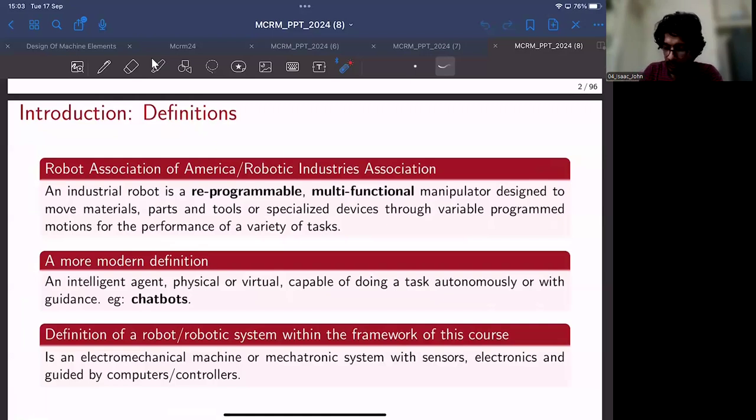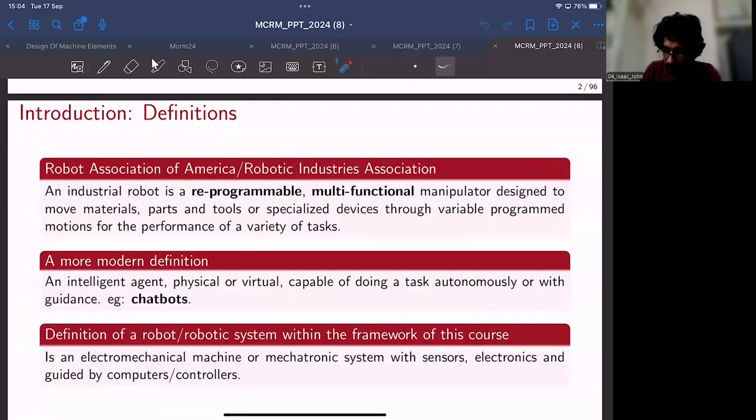So we began our course with general definitions of robots, the one given by the Robot Association of America, which is a well-structured definition.